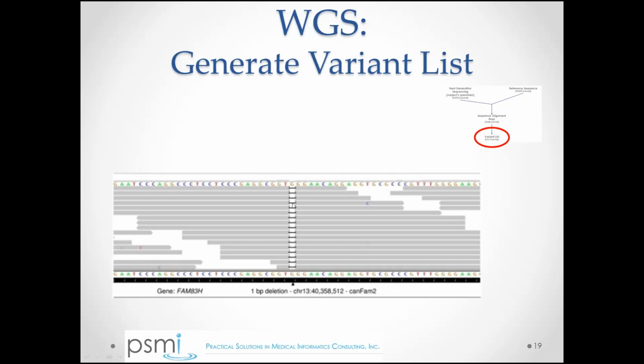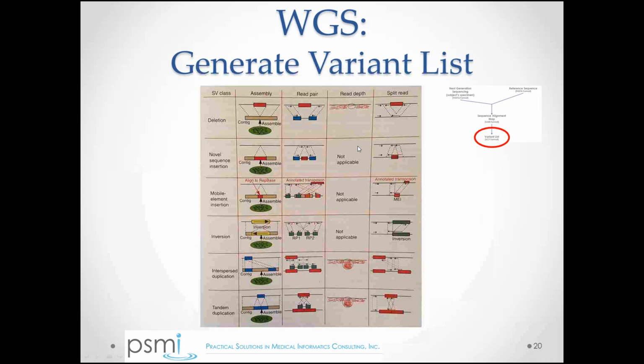And we see that consistently when we're aligning all of these. And so you can begin to imagine how you can take this sequence alignment map and apply software and generate a list of variants. And for the SNPs and for the small insertions and deletions, it might be somewhat intuitive how to infer those particular variants.